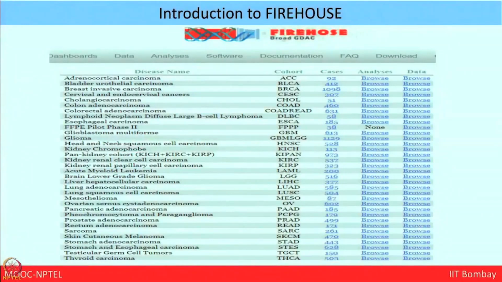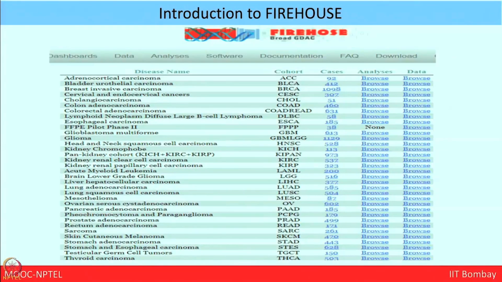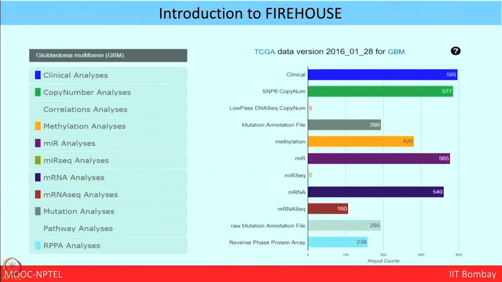So, Firehose can be used to download this kind of data. If we select a disease name, which may be glioblastoma multiforme, we can see all the data which are available in the TCGA can be downloaded from here.